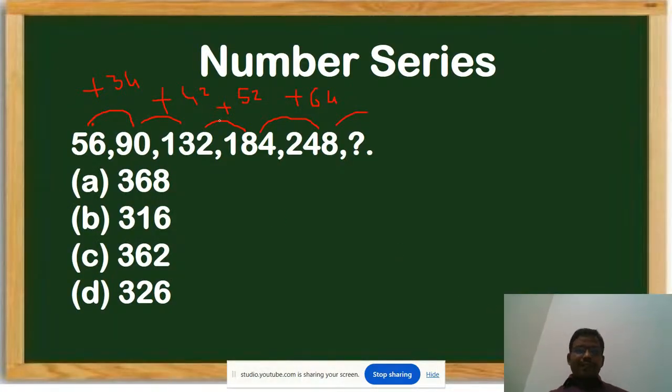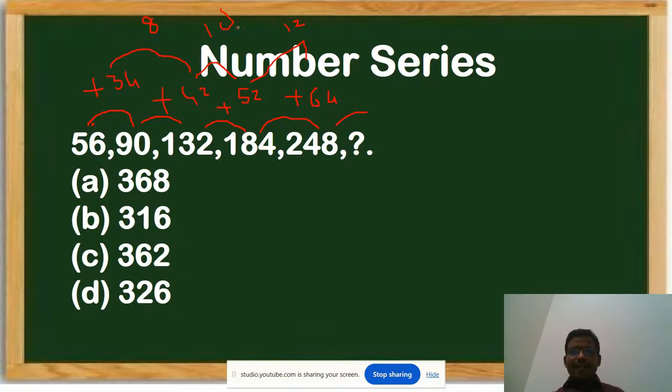So we don't get the next difference with one line. 34, 42, 52, 64. There is no order. But if you observe clearly, 34 to 42, 8 is the gap. 42 to 52, 10 is the gap. 52 to 64, 12 is the gap.